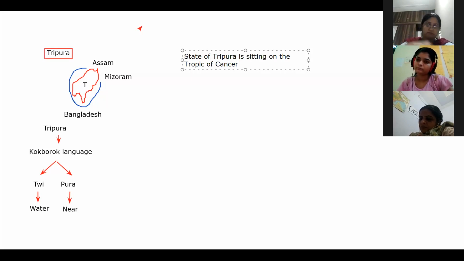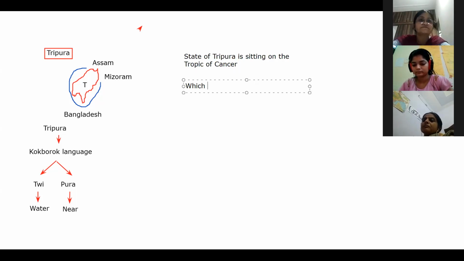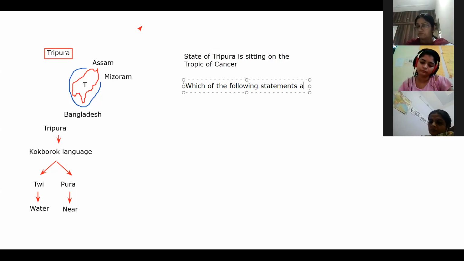So beta, you can be asked such a very simple question: which of the following statements about Tripura are correct?